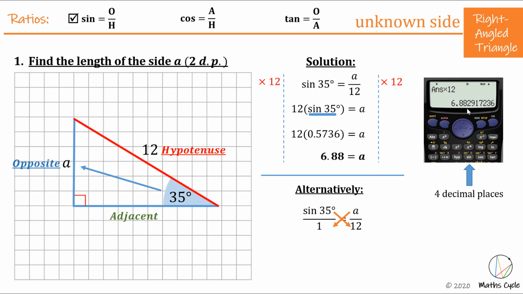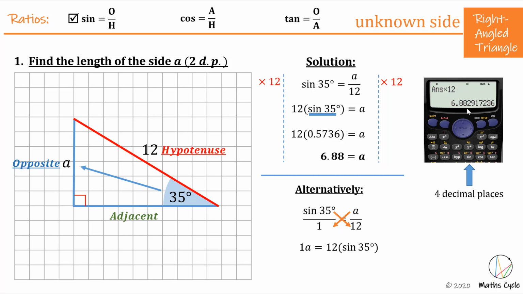It's used quite a lot in trigonometry because frequently we're equating one ratio with another ratio to find either an angle or a side. To cross multiply, you put an x there and multiply along each of the cross lines. So here we have A multiplied by 1 equals 12 multiplied by sine 35.